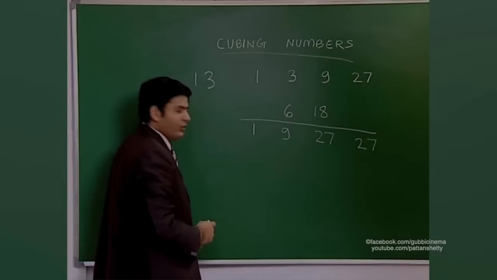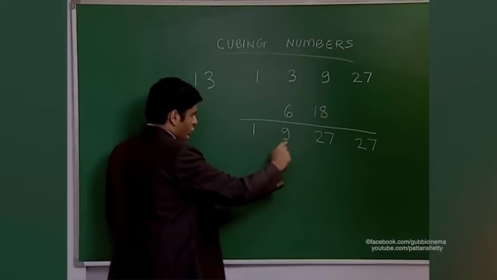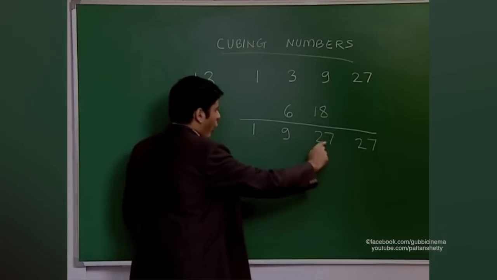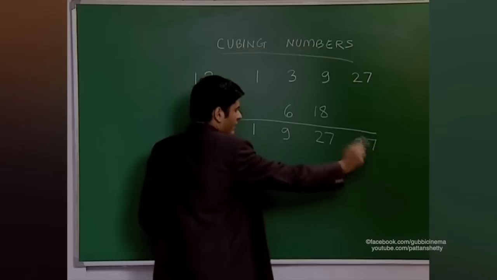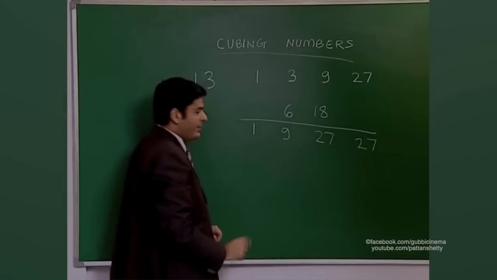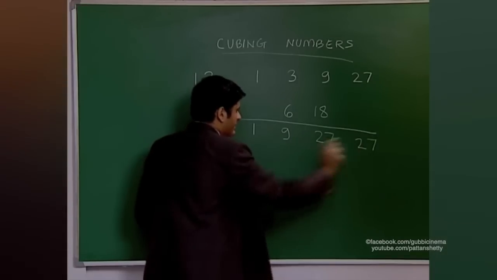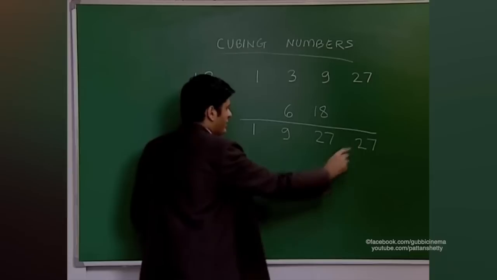Now, the technique of Vedic Math says, put 3 zeros behind this, 2 zeros behind this, 1 zero behind this, nothing behind this. 3, 2, 1, 0.